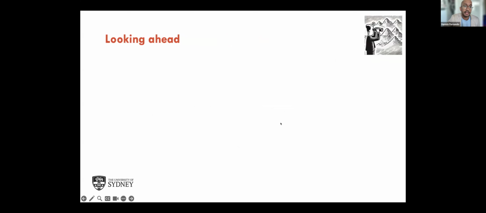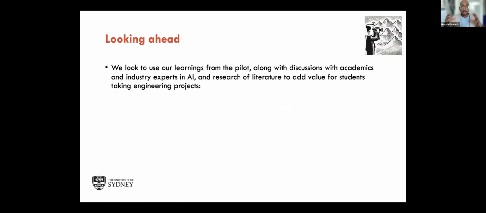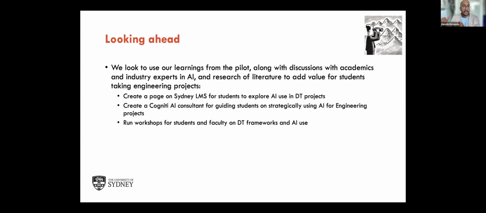Now, looking ahead, what we'd like to do is take all this information we've gathered from the pilot through the student reflections, as well as further discussions with academics around AI, industry experts within AI, and research of available literature, to add value to projects around the Faculty of Engineering and the broader University of Sydney through a variety of ways.